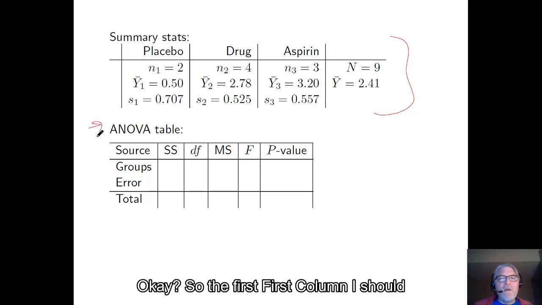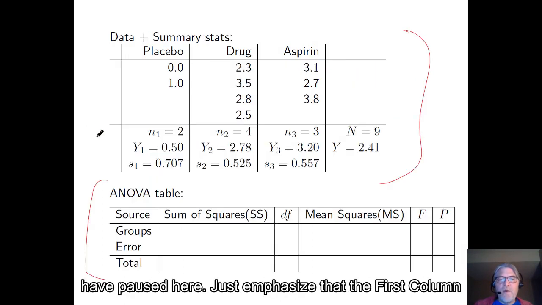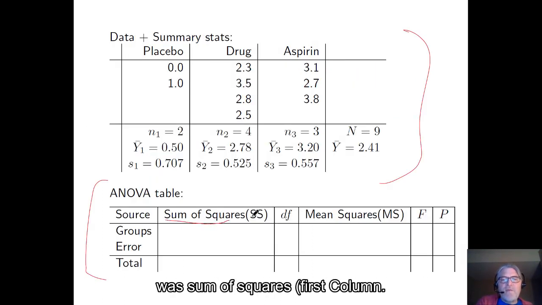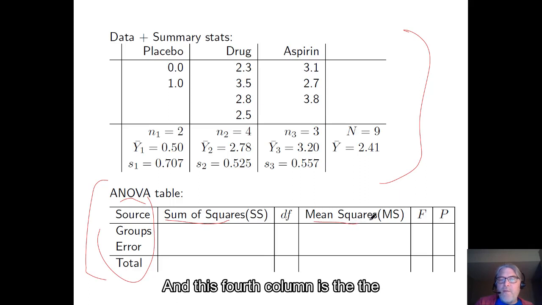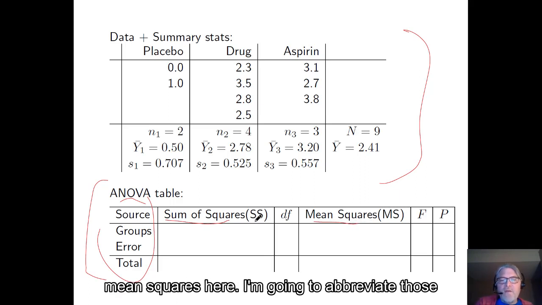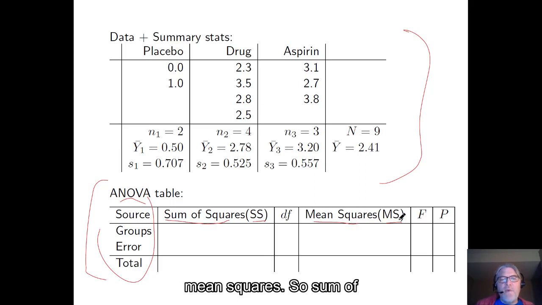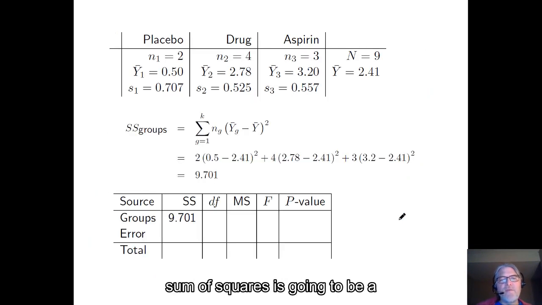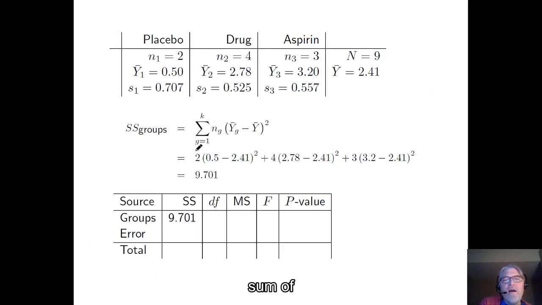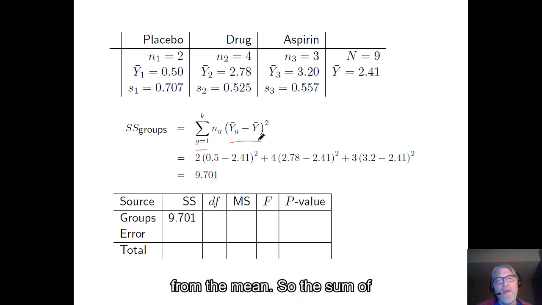Okay, so the first column, I should have paused here and just emphasized it. The first column after our source of information was sum of squares, and this fourth column is the mean squares here. I'm going to abbreviate those SS and MS for mean squares. So sum of squares, once again, as I hinted at before, is going to be a sum of squared deviations from the mean.